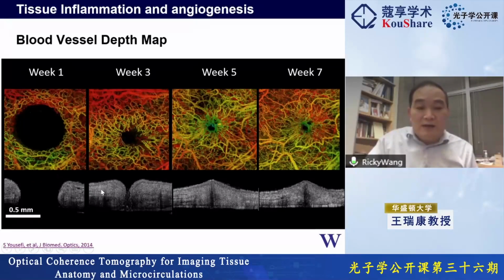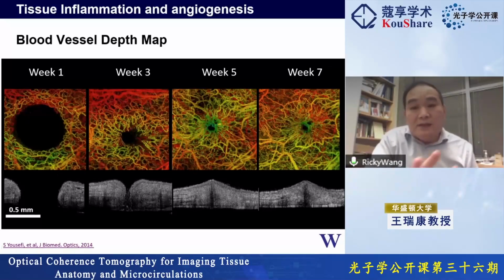As you can see in the bottom cross-section image, you see this epithelium layer over here. That's because wound healing involves epithelial cell migration. Migration really helps the wound healing, and using the OCT, you can look at this migration, which is very important. So the OCT is really useful.